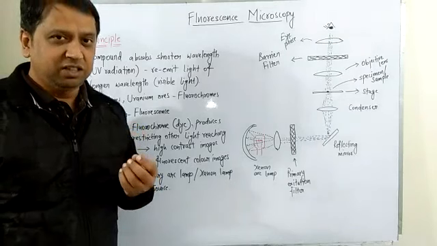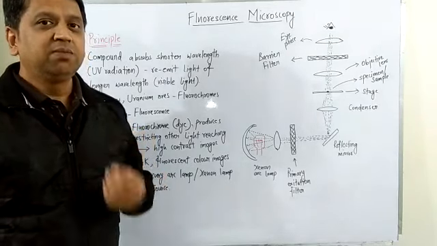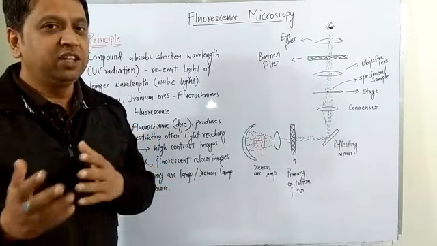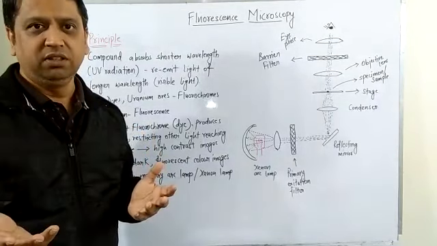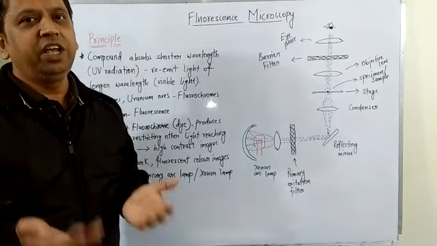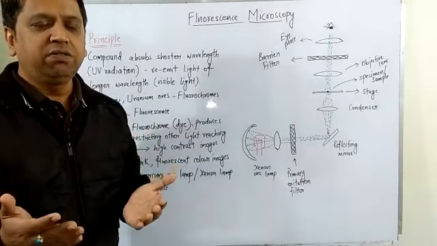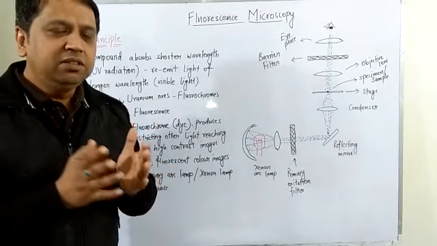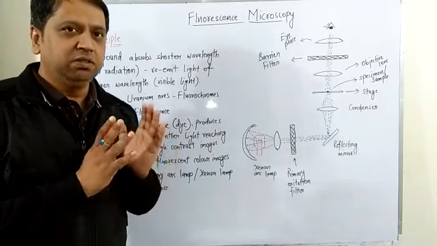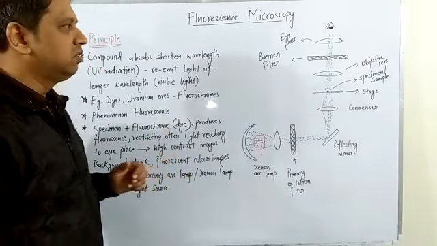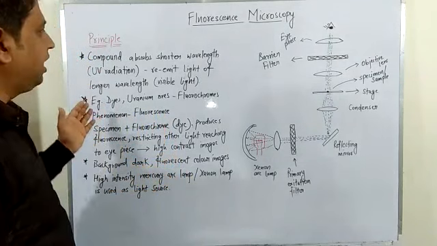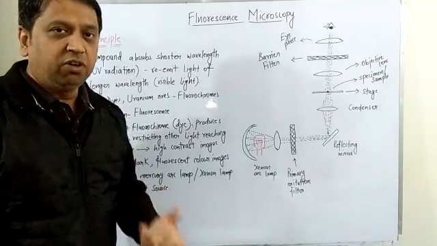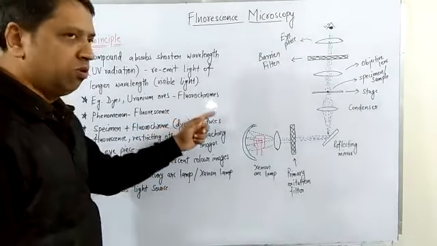Now what is fluorescence light? There are some compounds which absorb UV radiation, that is, radiation of small wavelength, and they re-emit light of higher wavelength in the visible range. That kind of phenomenon is known as fluorescence, and the compounds which cause it are known as fluorochromes.